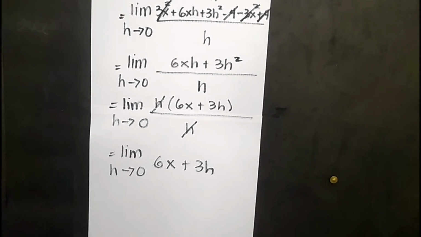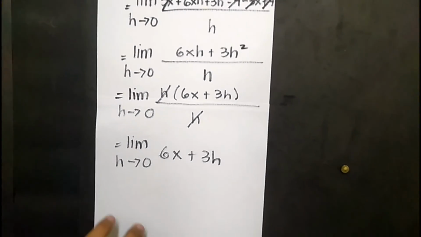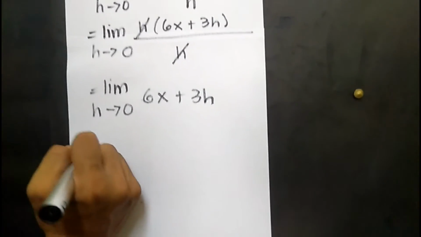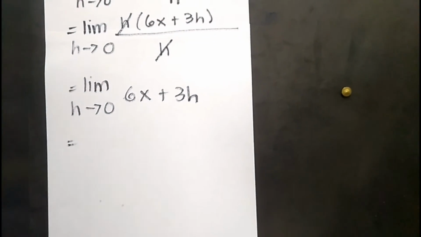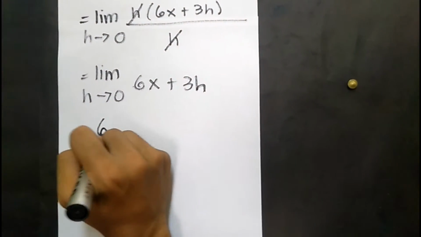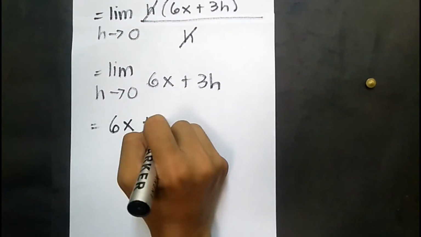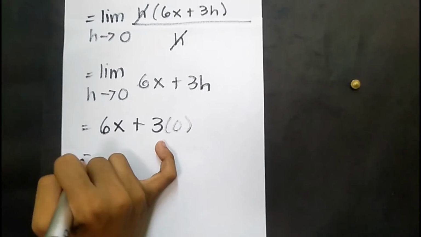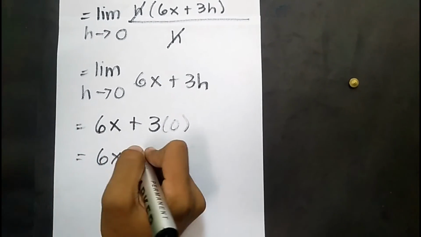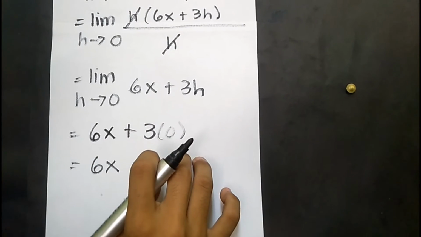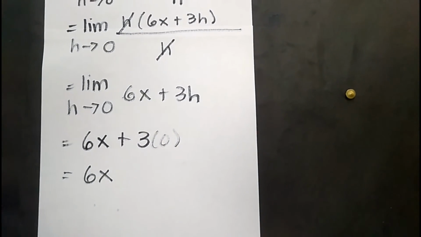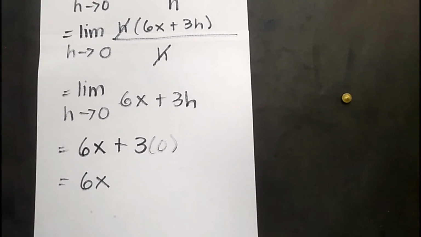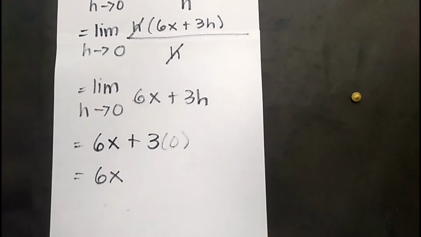Then lastly, substitute h with 0 because in this expression, h is approaching 0. So it is as simple as 6x plus 3 times 0 is equal to 6x, because 3 times 0 is 0. So the derivative of the function f of x equals 3x squared minus 4 is 6x.